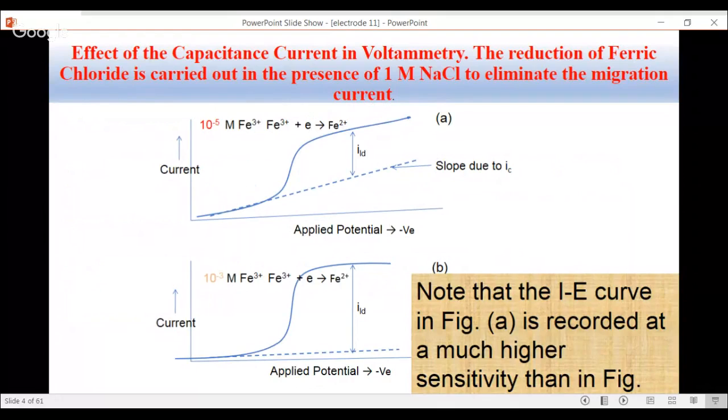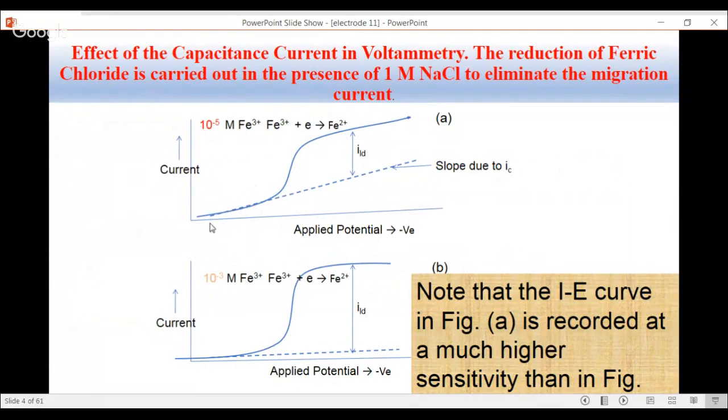Now, if I were to take a potential versus current plot, what will happen is, up to a particular potential, the current will be very small, and at a particular potential, the current will steeply rise, and the current will saturate at a certain potential. This is what is called the S-shaped curve.